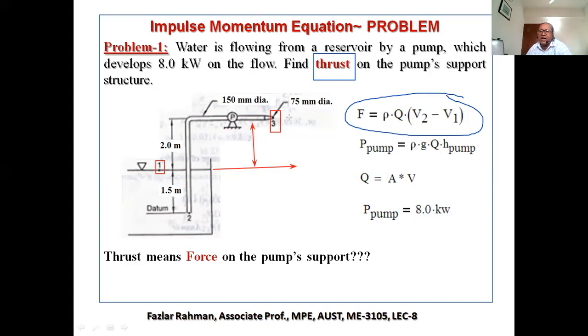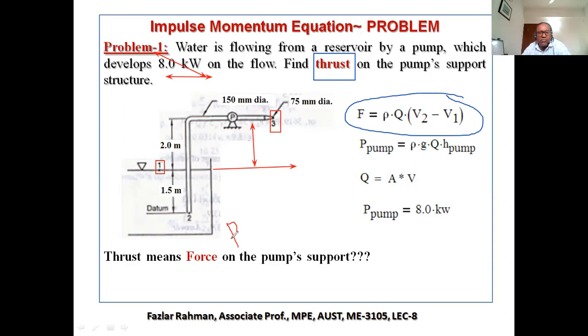But V3 is unknown. If you know V3, you can figure out the Q, but you have two things. Number one, you can apply Bernoulli's equation between point 1 and 2. You'll get one equation. Other thing, pump capacity is given in terms of power, 8 kilowatt. So what is the pump equation?